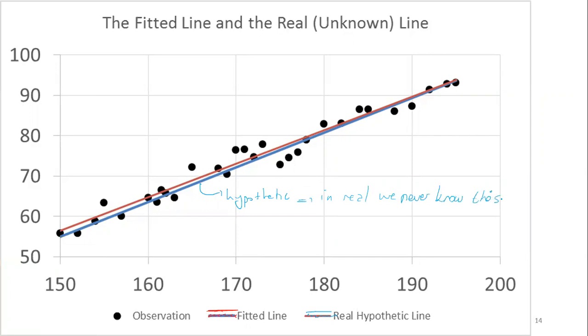The only thing that we can do is estimate the real unknown line. Okay, this is the best that we can do. Again, this is just like we don't know mu. What we can do is estimate it using X bar.